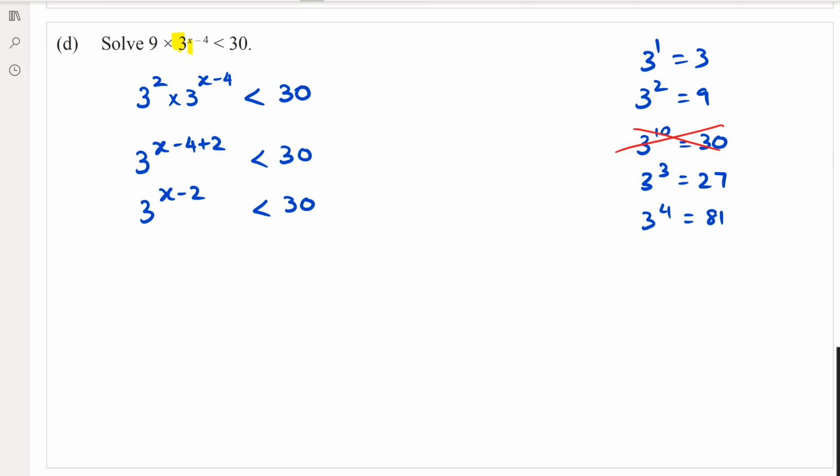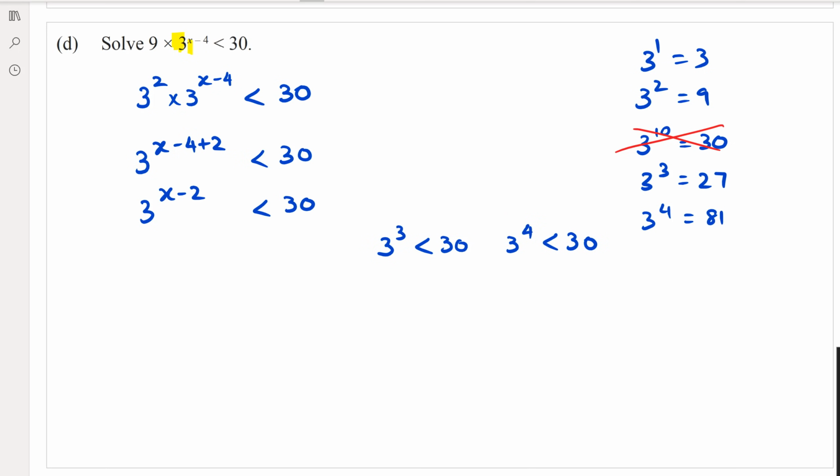So, and I guess this is where you kind of need to go, well, what is the biggest number that you can actually put in here? So what I mean by that is, I'm going to kind of break this up now. So if I put 3 to the power of 3, is that less than 30? And then can I put 3 to the power of 4? Is that less than 30?